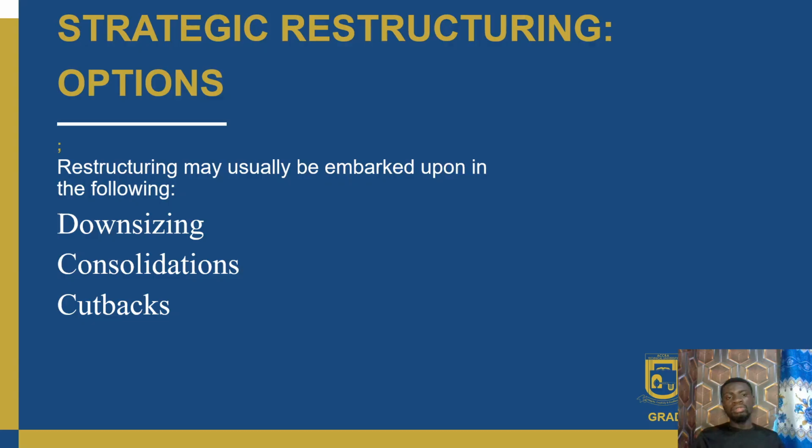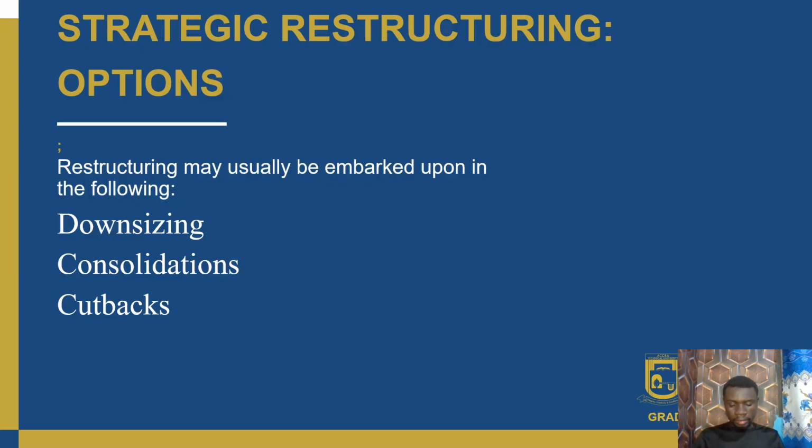Downsizing has to do with reducing the number of employees, or the services or operations that you offer. It is a business strategy where a company reduces its workforce, operations or overall size to cut costs, improve efficiency or adjust to changing market conditions. It is often used during financial difficulties, mergers or organizational restructuring.